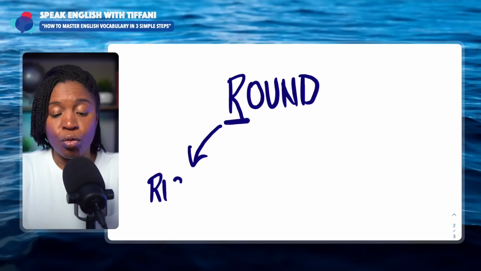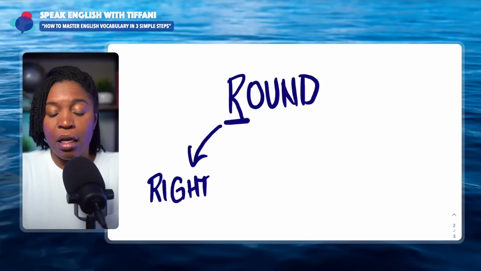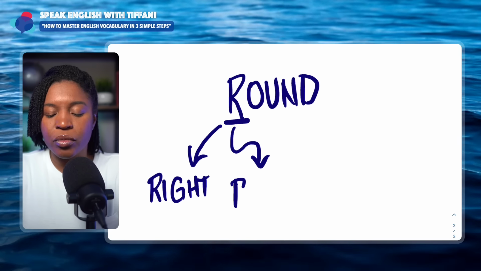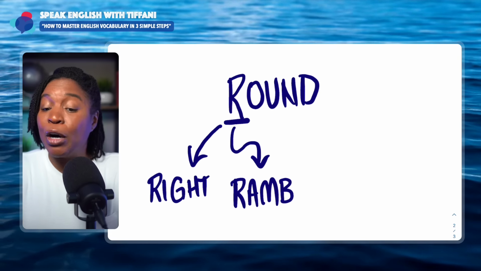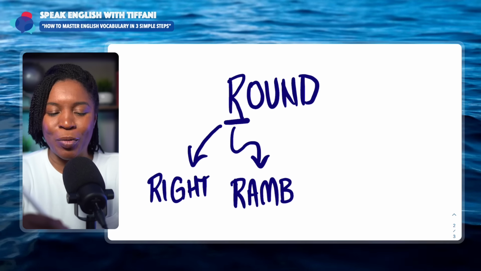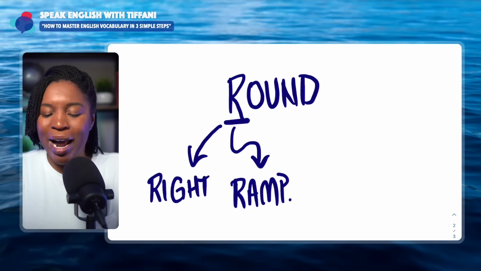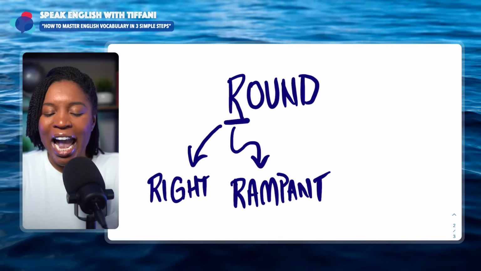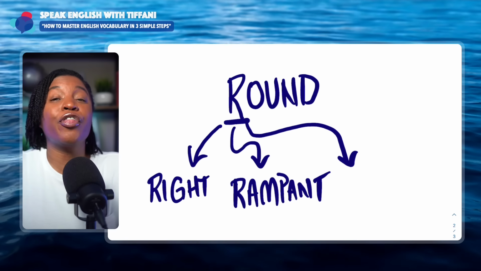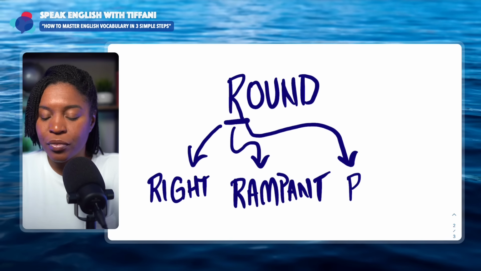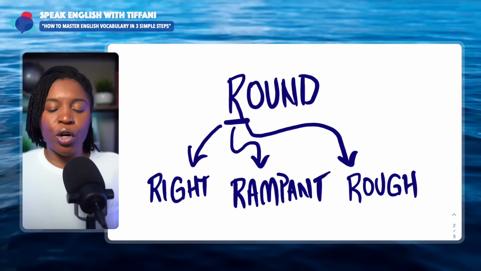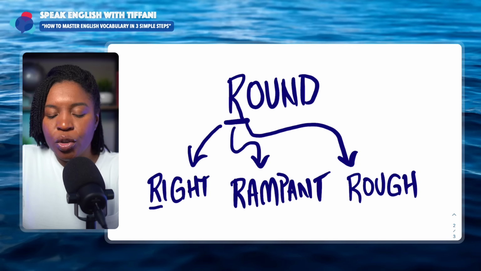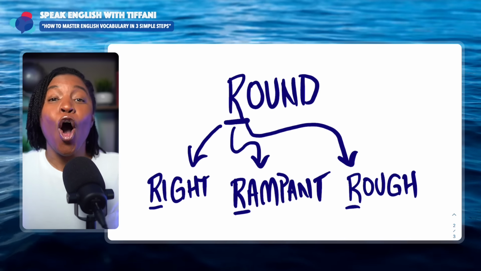Let's say rampant. Here we go. I have another one. And then again, starting with the letter R, rough. So we have 3 different words, but each word starts with the letter R.